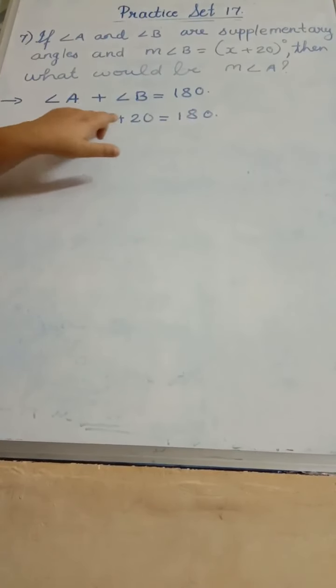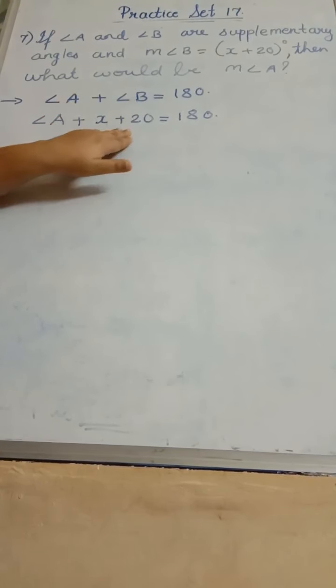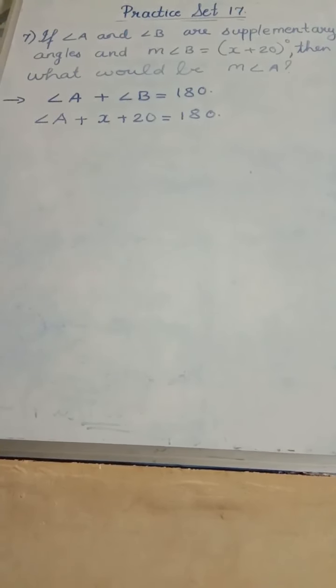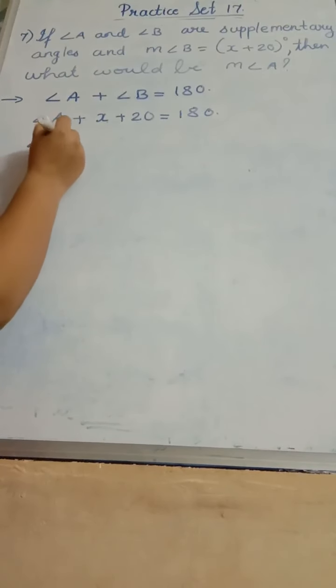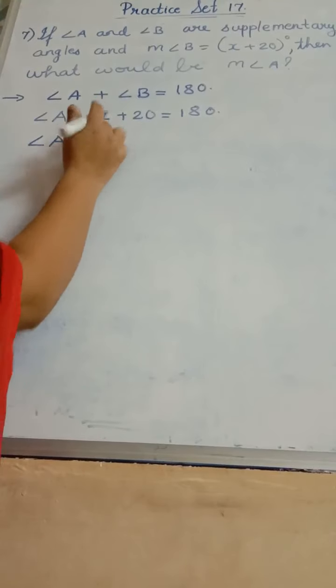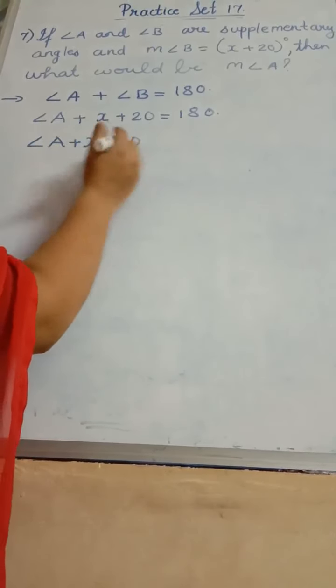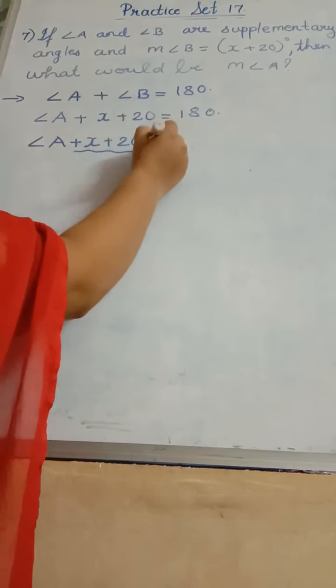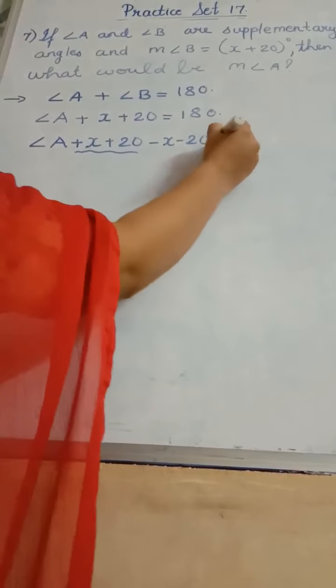Now plus x and plus 20 means both are positive. If you want to remove it, what will you do? Subtract. Yes. So write it, I am showing one step only. See, measure of angle A plus, write it as it is. Now we don't want this part, is it? So do the opposite of that, that is minus x minus 20. Did you understand?